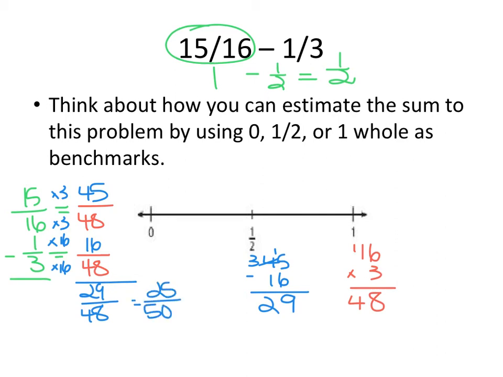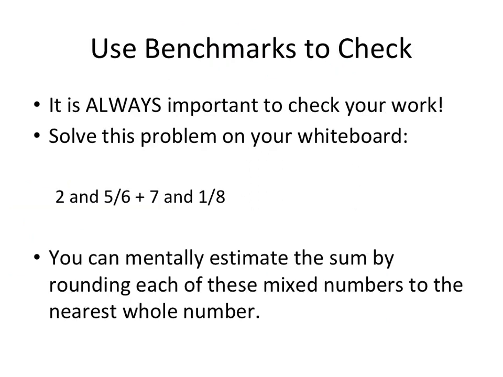Both of those numbers are close, and I know that 25 is half of 50. So it doesn't guarantee that we didn't make a mistake. It doesn't guarantee that our answer is correct, but it does tell us that at least we're close. So if we weren't anywhere near 1/2, we would go back for sure and do this problem again. It is always important to check your work.